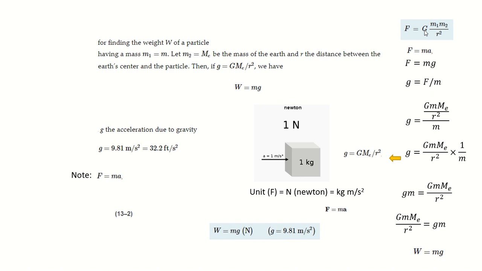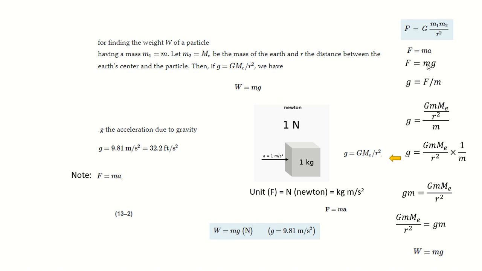We know that the gravitational force between two particles, we have F, and we can write it this way. You also know that your force is MA. Now, if we're dealing with gravity, meaning acceleration due to gravity on our Earth, then we can write A as g.